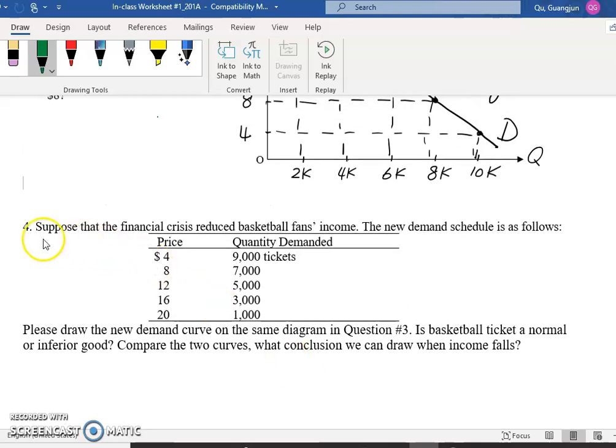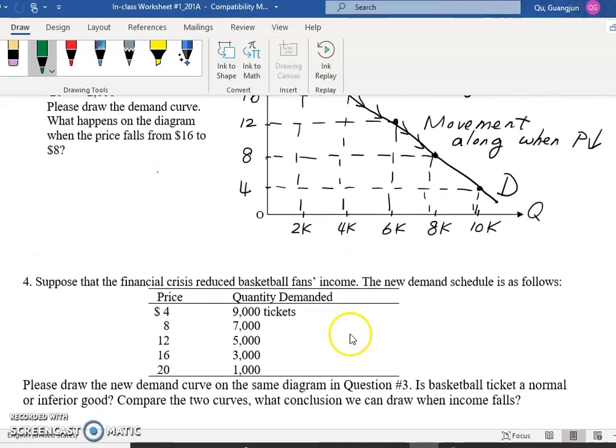Okay. Now here we find that because of the financial crisis, the basketball fans' income was reduced. So the new demand schedule is as follows. Okay. Now they ask us to put a new demand curve on the same diagram in question number 3. Okay. Now let's check this out.